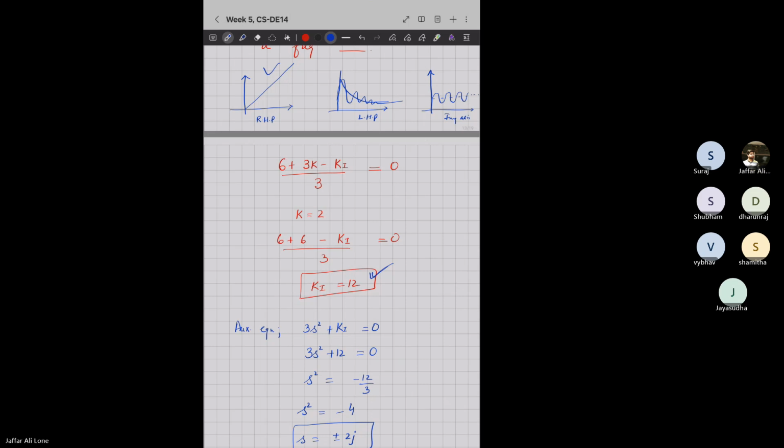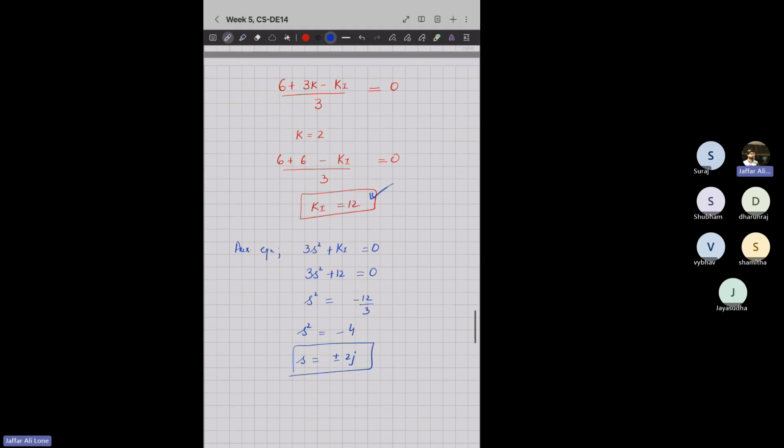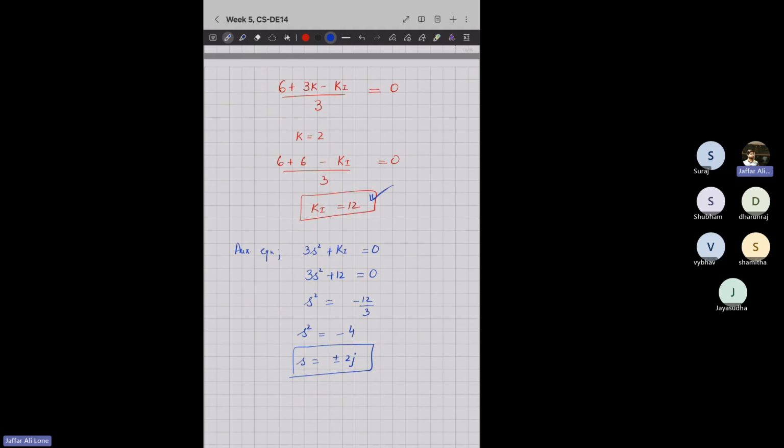Understood? Okay, so now see what I did. Then I found the auxiliary equation and solved it. I found the roots. Now the system is again marginally stable. The system is not unstable because the roots are not repeated. Roots are distinct, but they are on the imaginary axis. It means the roots are plus minus 2j, so it will be marginally stable. But what is the frequency? I always write S as sigma plus j omega.